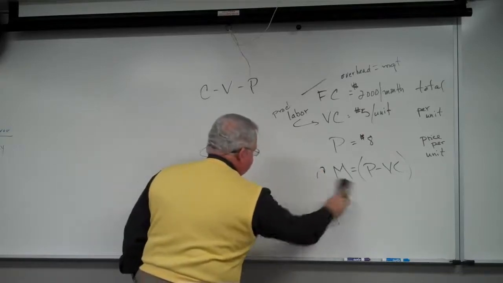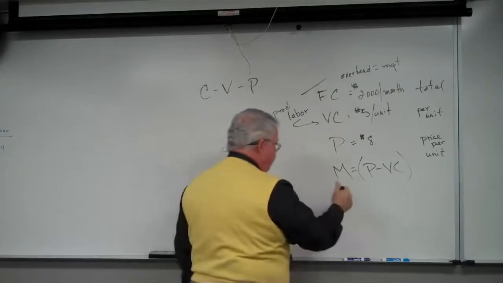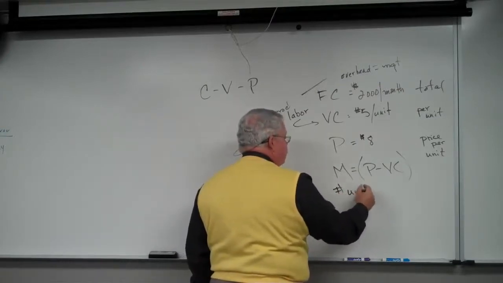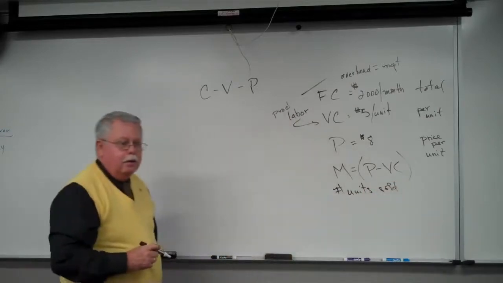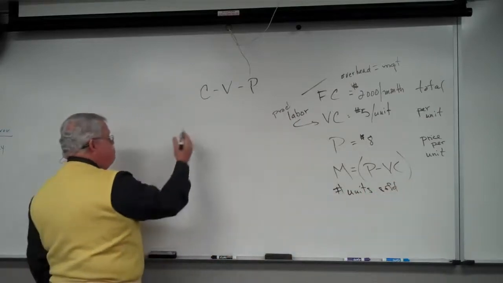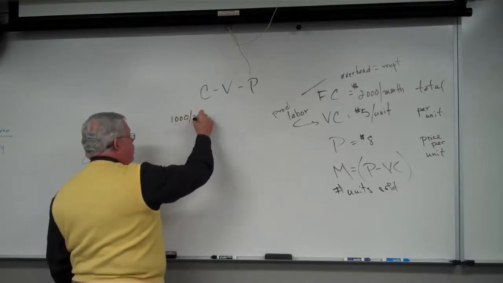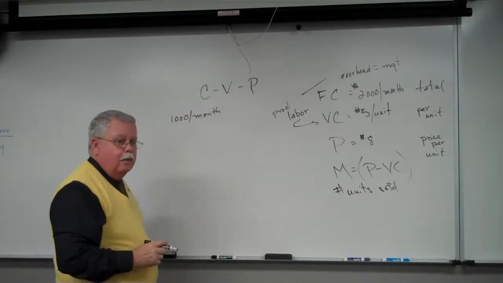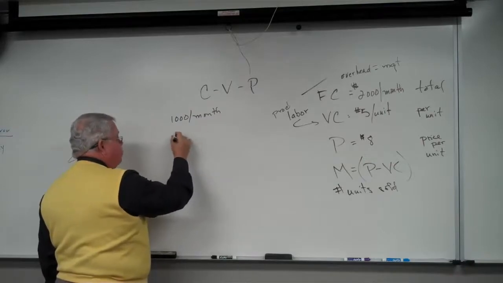Oh, okay. Look at it this way. What I wanted to try to get you to see, and you did, is that this is dependent upon the number of units sold. If I tell you I think we can sell 1,000 units a month, then think of it this way.